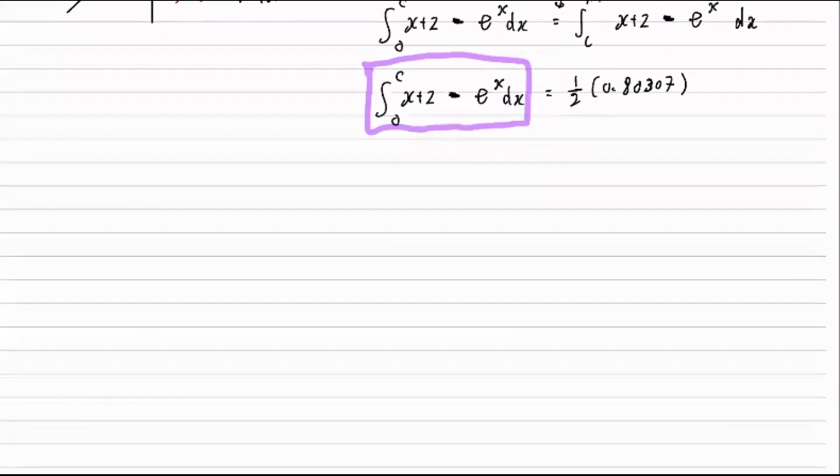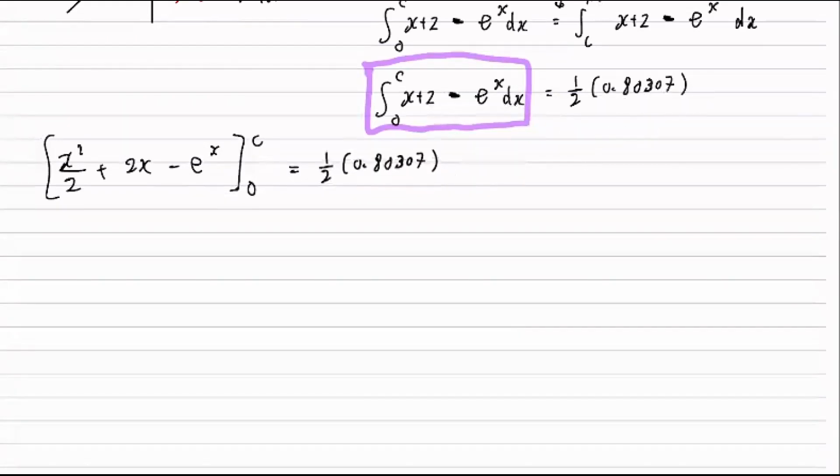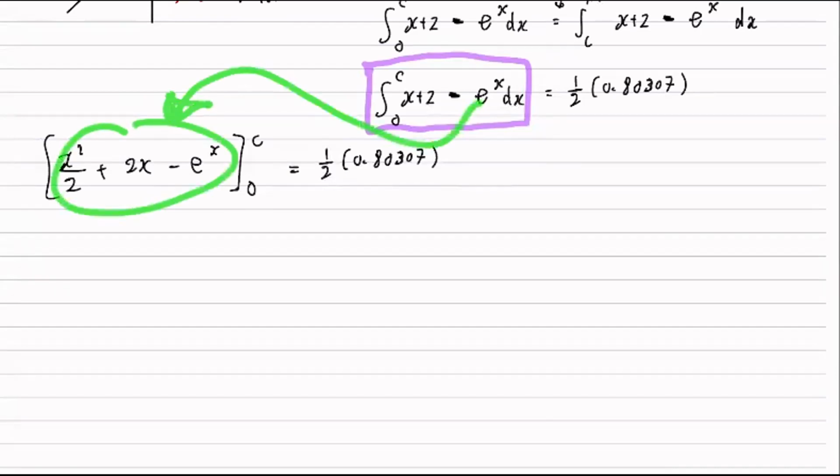Okay, but let me just show you how to do it. Integrate, so you get x squared over 2 plus 2x minus e power x, from 0 to C, equals the value on the right. Do I need to explain this part? Don't need. Okay, good. Then you just sub in.